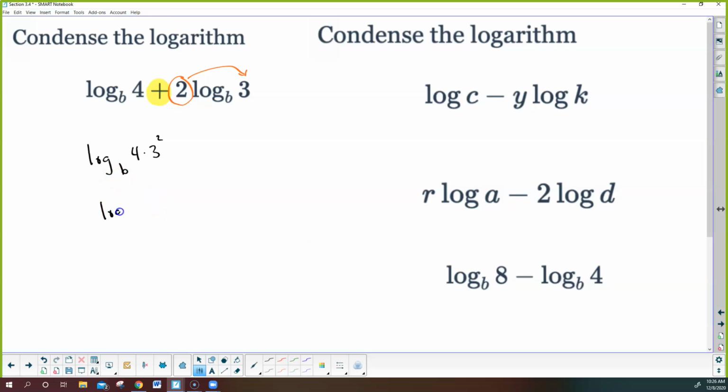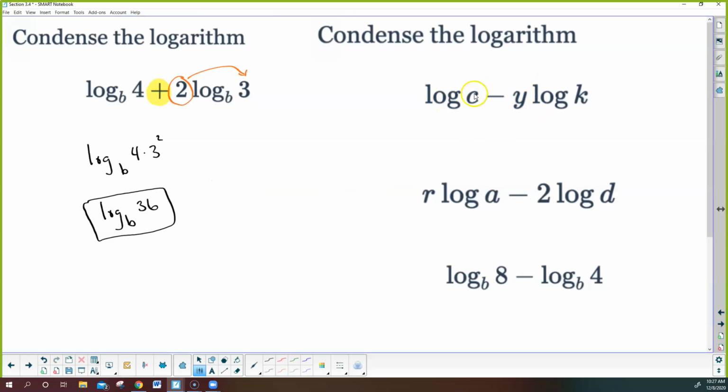So then we've got, well, 3 squared is 9, and 9 times 4 is 36. I know I was showing you a ton of all the steps, but now I'm kind of encouraging you, once you get the hang of it, you don't have to show every single step.